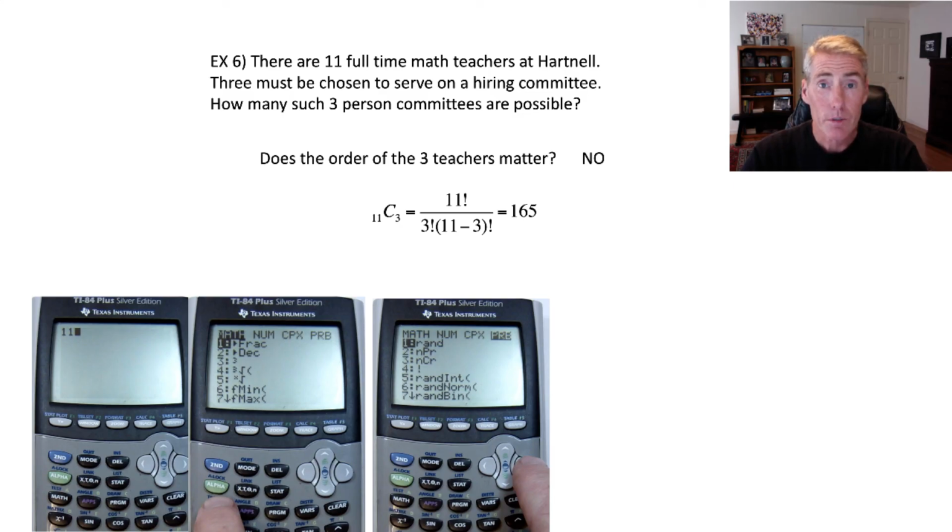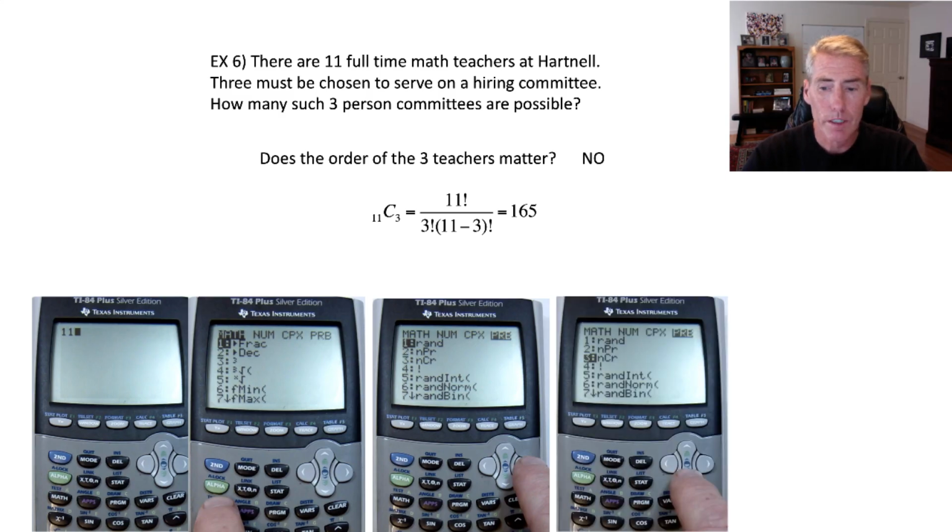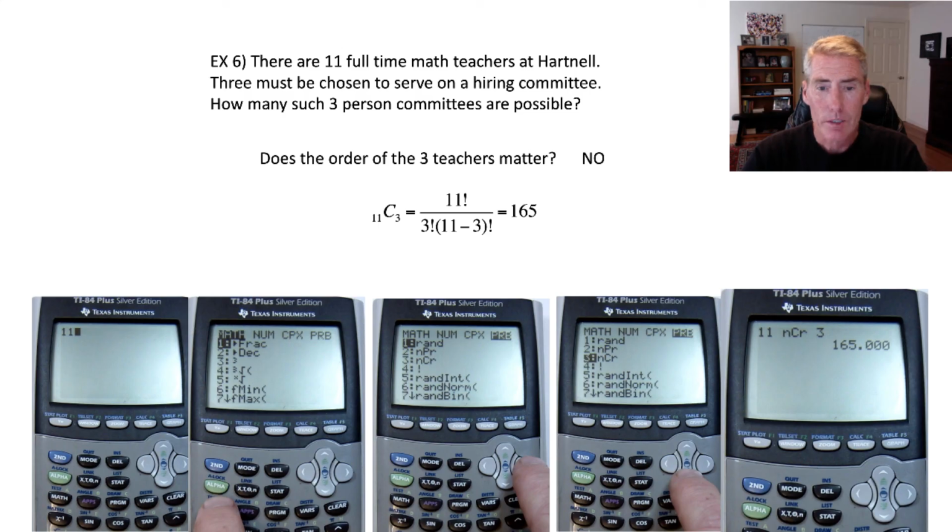So right there I'm using an older calculator, so it says PRB for probability. A newer calculator would say PROB for probability. And then, can you see it? It's number 3, nCr. So use number 3, and then you would type in the 3, hit enter, and there's the 165.